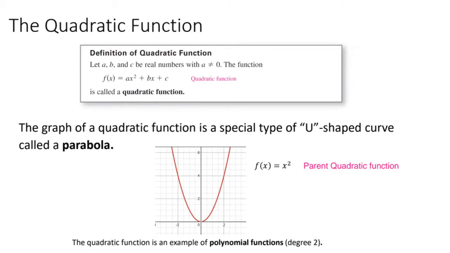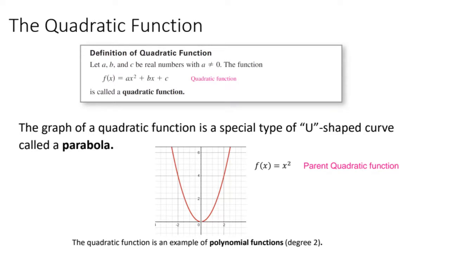The quadratic function is a function here where our highest exponent, or the degree of the polynomial, is a 2. Okay? So the graph is represented by a U shape called a parabola. And if we look here at our parent function, f of x is equal to x squared, our parabola is positive, so it's pointing up.